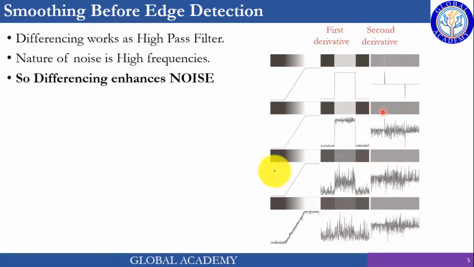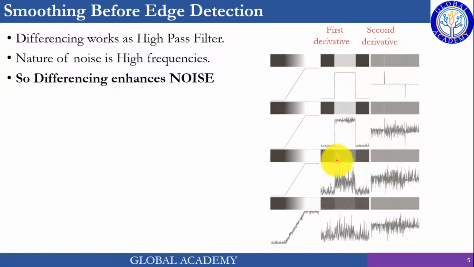And now we have the same image contaminated with an even higher variance of noise. Once again, its ramp profile is still looking clean, but its first derivative is worse. But the image derivative is still better.